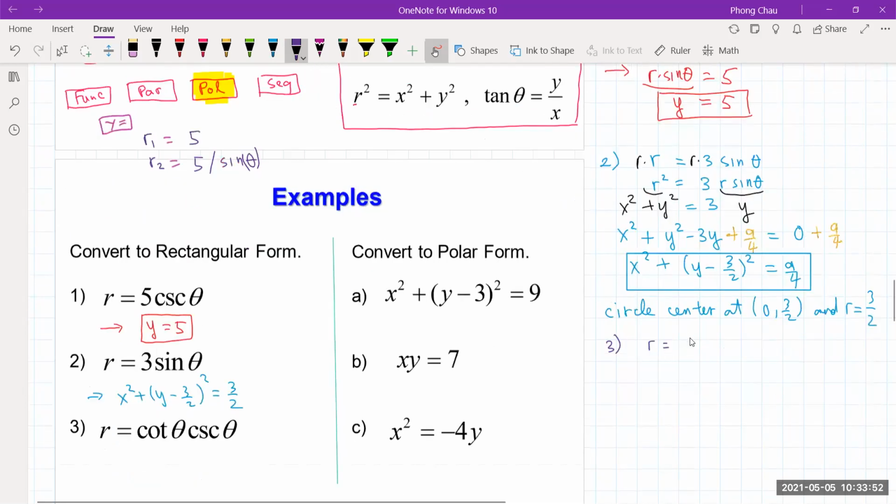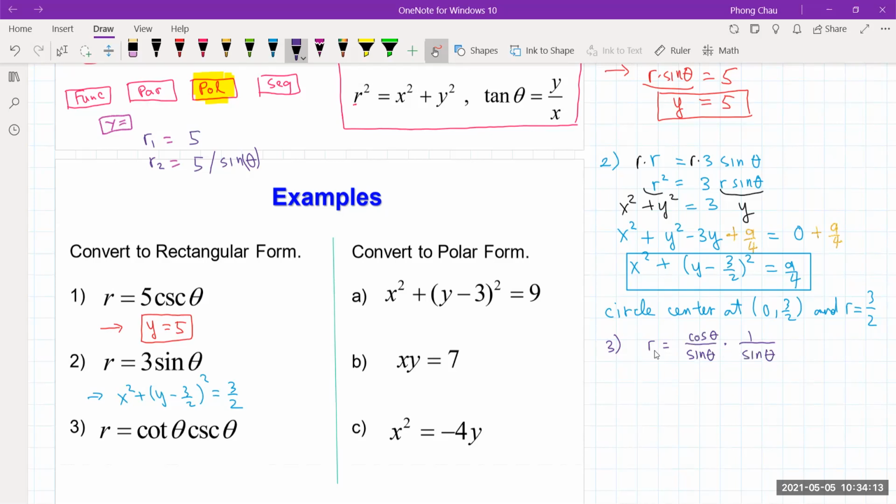We're going to introduce the cosine and the sine. So cotangent is cosine over sine, and the cosecant is 1 over sine theta. So now we have cosine and sine.